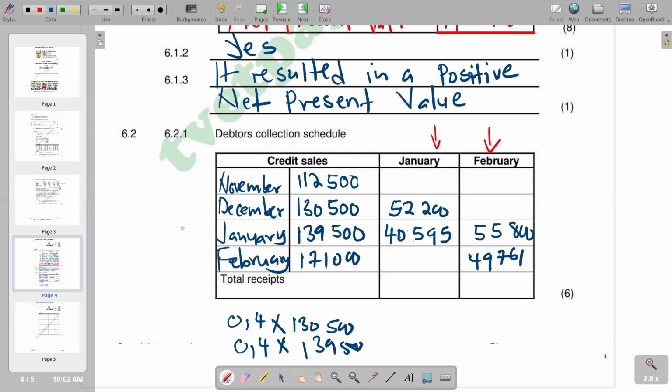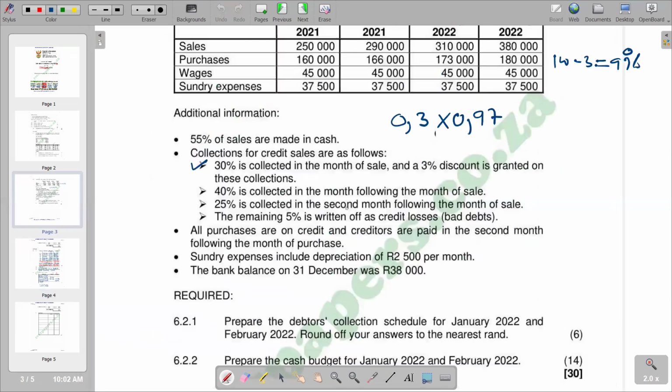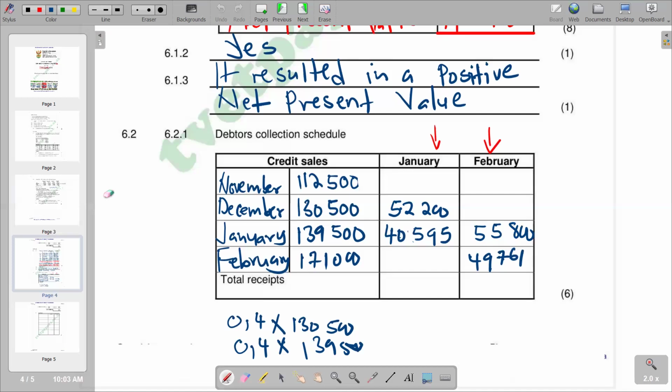Then the next point is saying 25% is collected in the second month following the sale, for December and January. So it's 0.25 is our 25%. So we are going to say 0.25 for November being received in January.